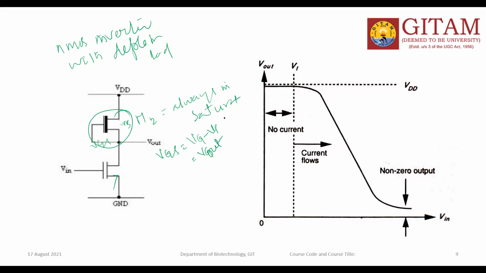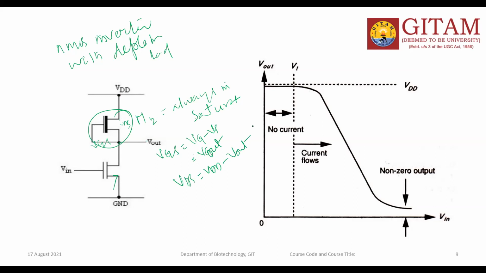Coming to the VDD, as per KVL, VDD plus VDS plus V out equals 0, so VDS is equal to VDD minus V out. I think you get the result.